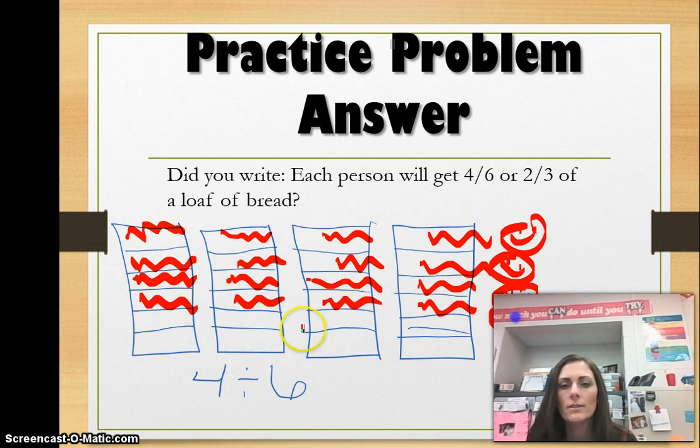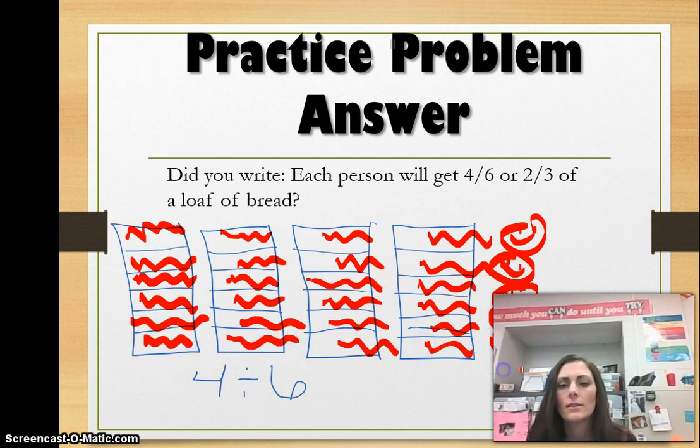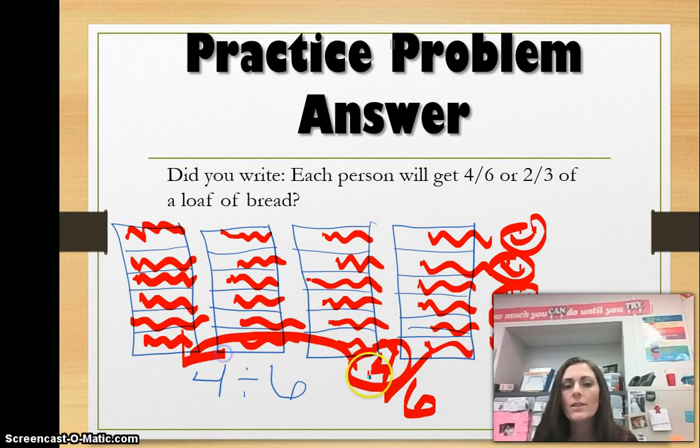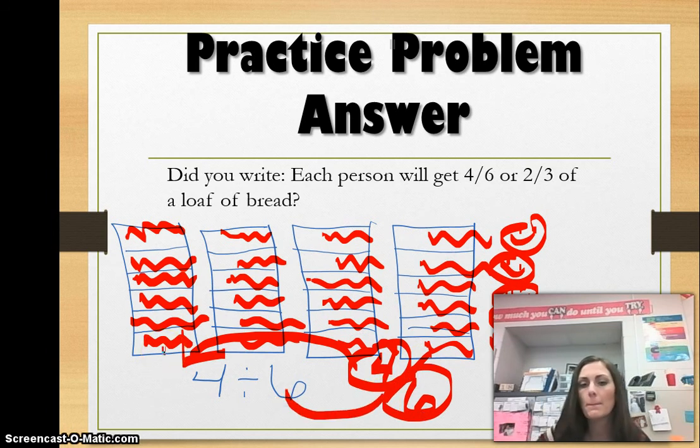There's our fourth person. 5 and 6. So you can see that each person is getting 4 slices of bread. So that is 4 divided by 6, which is also written as 4/6. So you see that the numerator here is the dividend, and the denominator is the divisor.